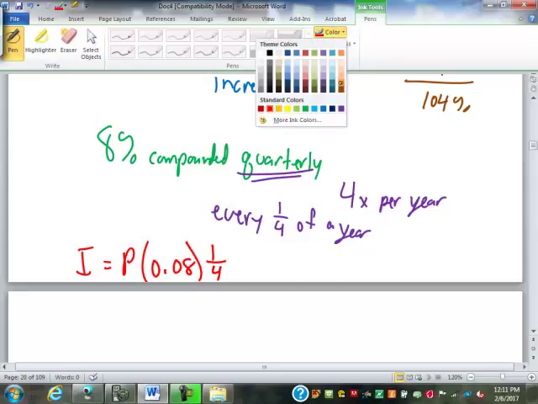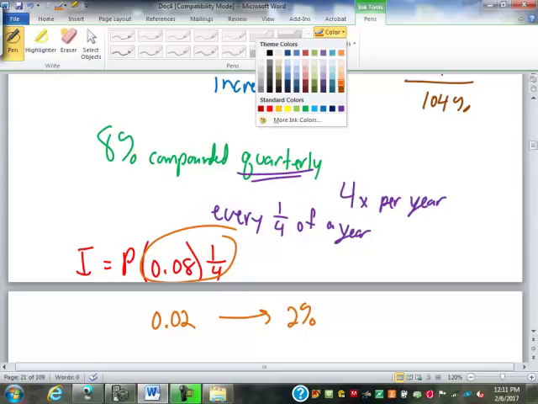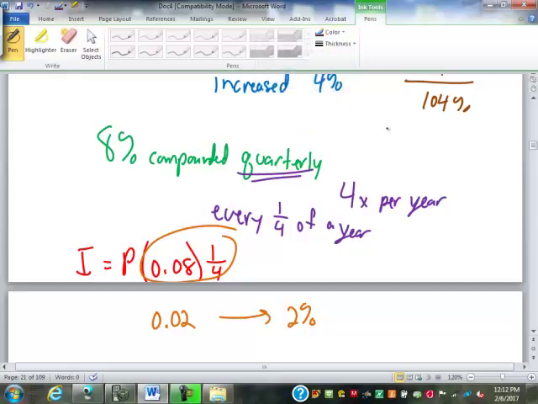If I combine my 0.08 and my 1/4, I get 0.02. That corresponds to 2%. The amount of interest you get every period is equal to the annual rate divided by the number of periods in a year. 8% divided by 4 is 2% per quarter.